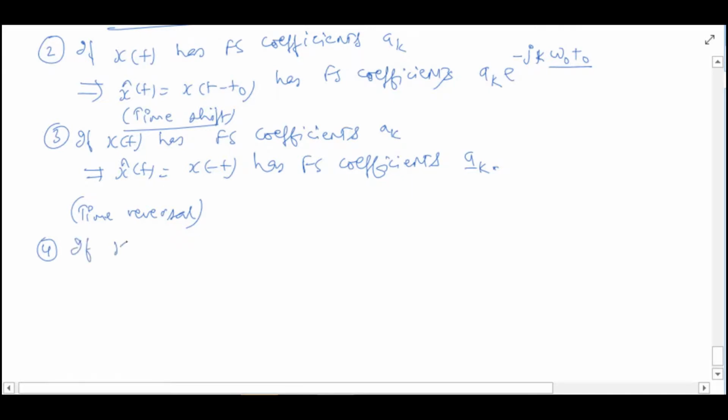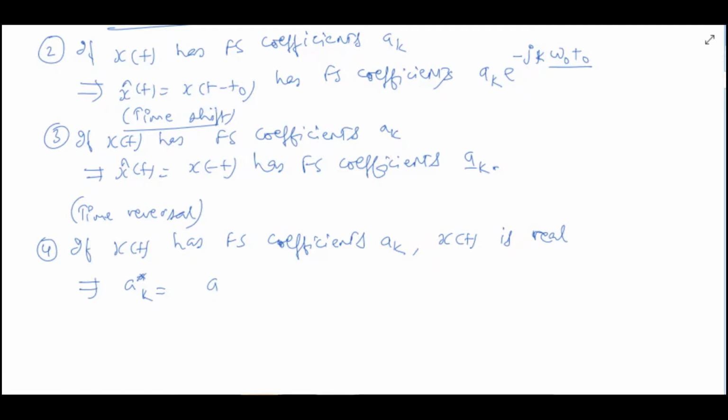If x(t) has Fourier series coefficients a_k and x(t) is real, then a_k star will be the same as a_minus k. So this is the property that we had seen earlier also, but I have put it here so that all the properties are there at one place.